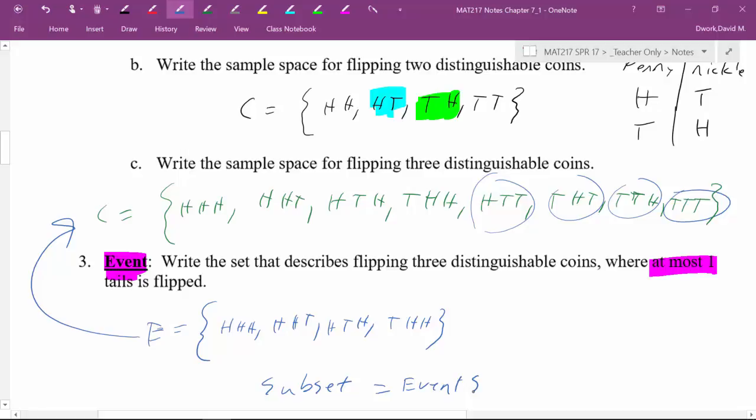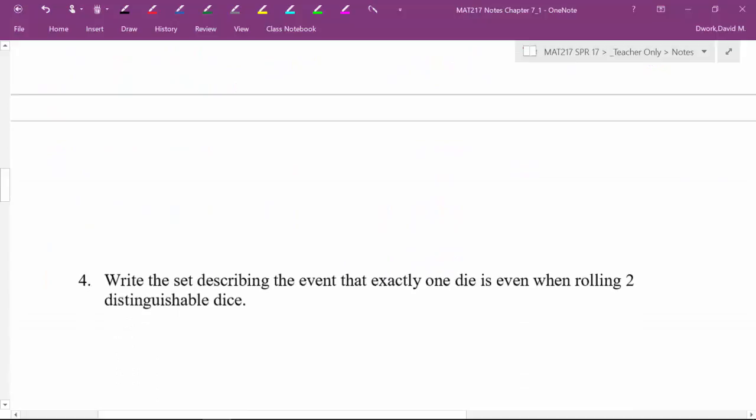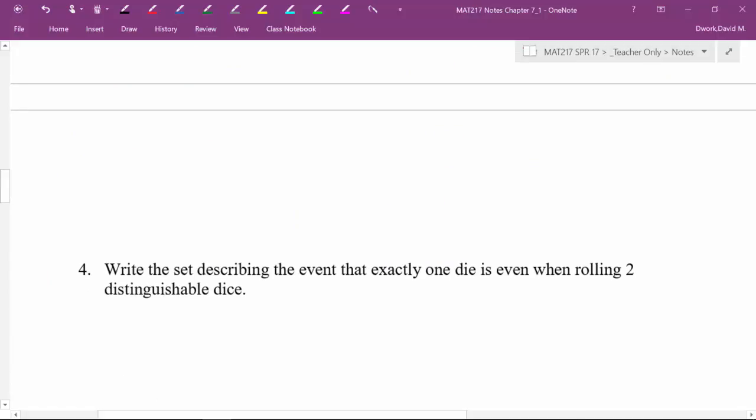The only difference is when we talk about events, they're going to be more like real world things, and we're working our way towards the concept of probability. So we're going to say, what is the probability of flipping at most one tails when I play this game? It's just more natural to refer to them as events, but really same concept, nothing new.